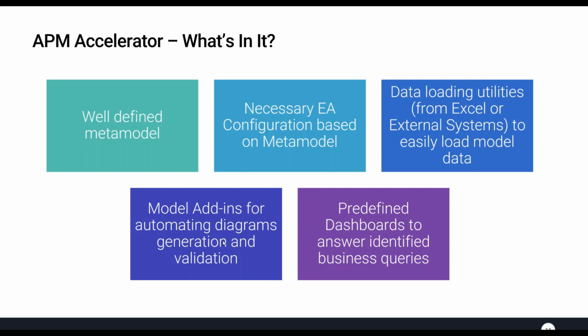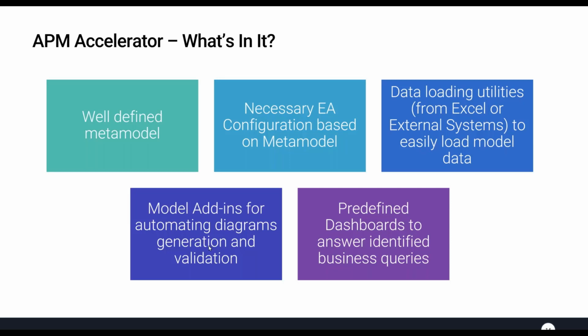And we have also built a lot of what we call the hidden gems in EA, like automations to build diagrams. So if you, let's say, are trying to create 100 applications, you need to go and create 100 integration diagrams, 100 landscape diagrams if you have to do it manually.